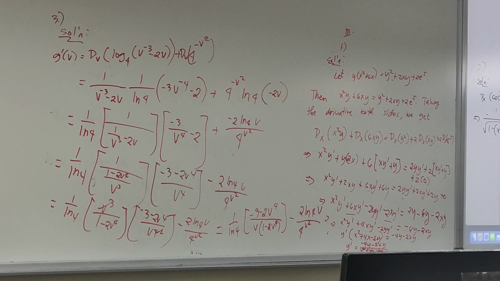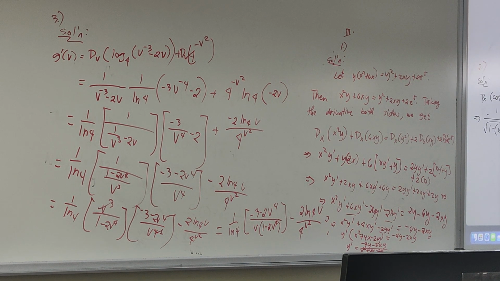This one is 0 plus 2 times this one: we have x squared y prime plus y squared times 2x, which is equal to the derivative of xy.